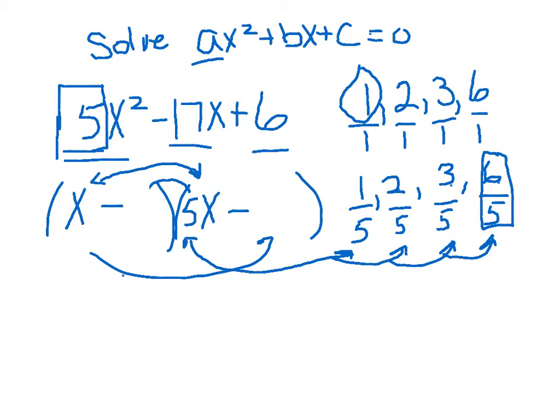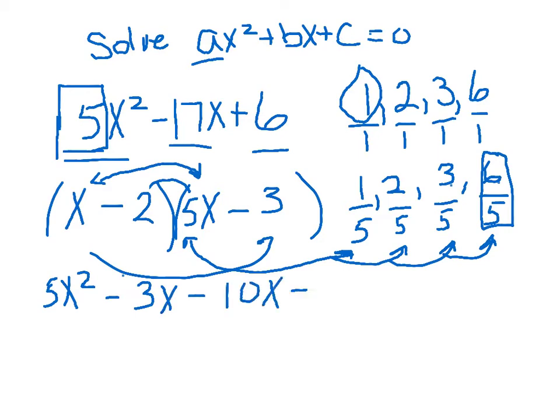Now, let's put in the 2 and the 3. So 2 and 3. Let's check it. So 5x squared again, minus 3x minus 10x plus 6. That'll be negative 13x.